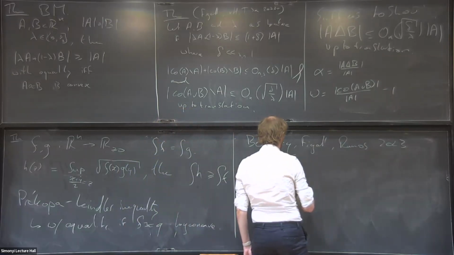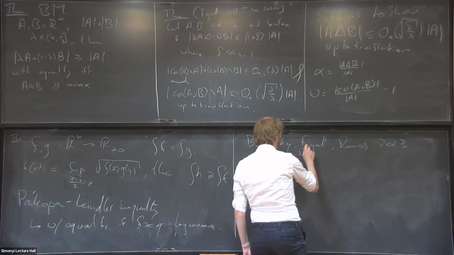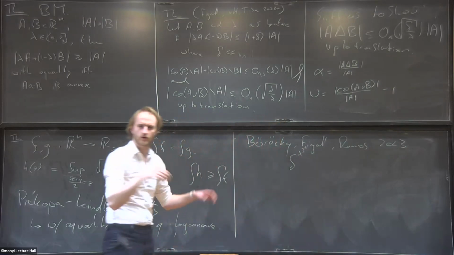So something of the form delta to the lambda to the 3 to the n. So somehow that bound came back.